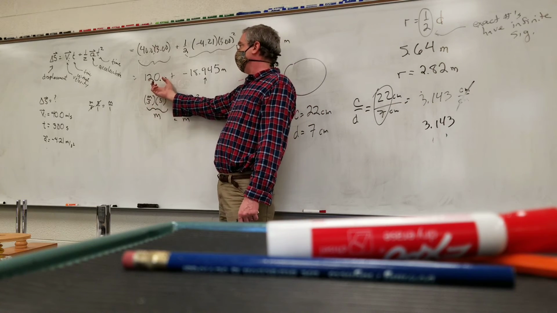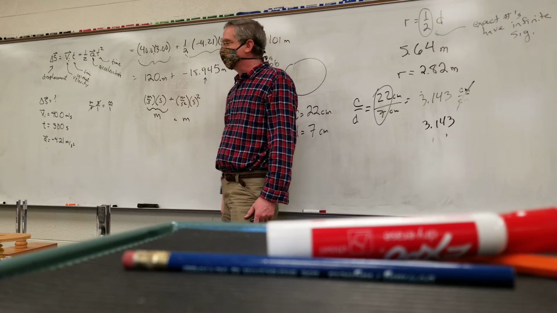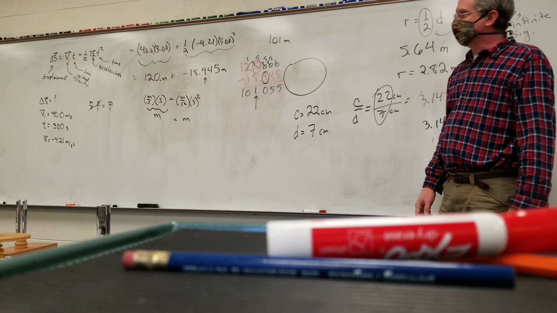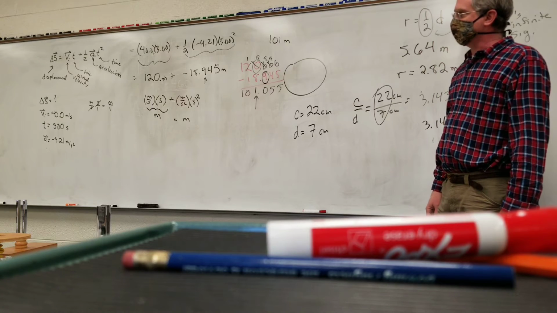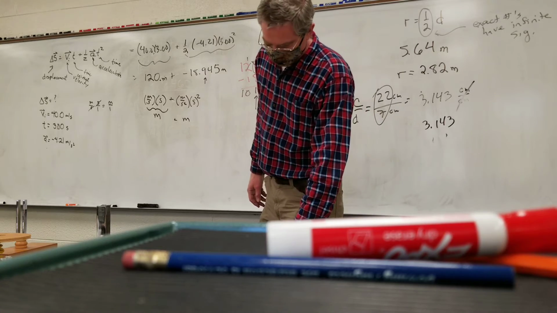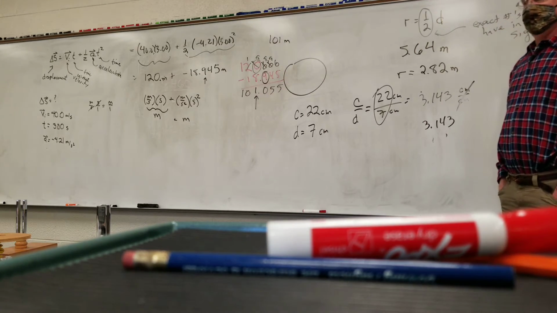If you have 120 apples and you take 18.945 apples away, how many apples are you left with? Except we confuse some people by calling them meters instead of apples. Questions here?